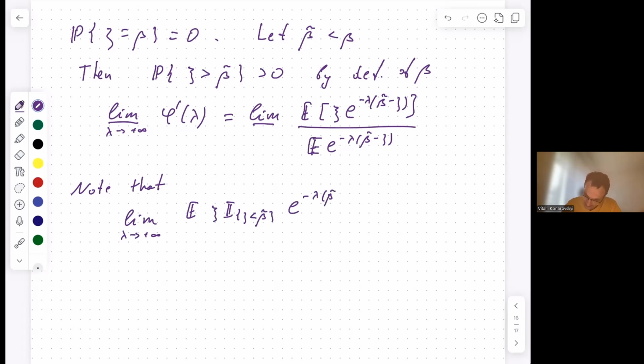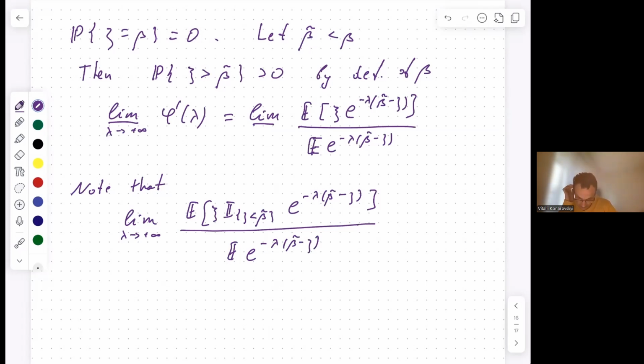Actually, I consider the expression which was above, but I multiply only by the indicator that xi is strictly smaller than beta tilde. And I divide by the expectation of e to the power minus lambda (beta tilde minus xi).